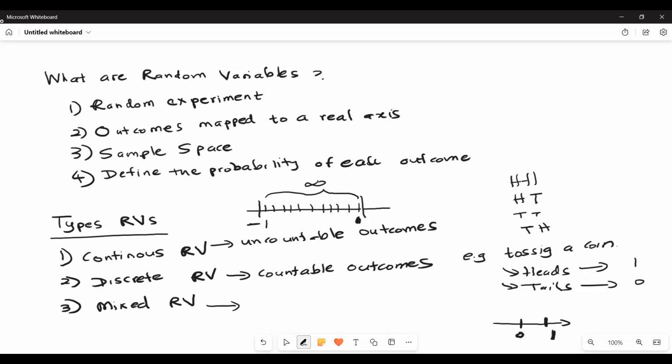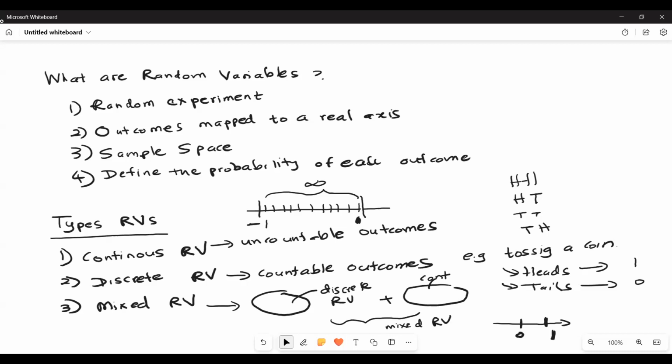If you define a random experiment that combines 2 experiments, such that one experiment generates a discrete random variable and another generates a continuous random variable, then the output of these 2 experiments will give a mixed random variable, right?